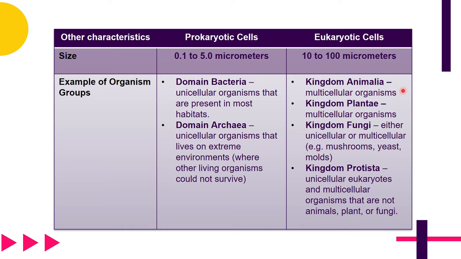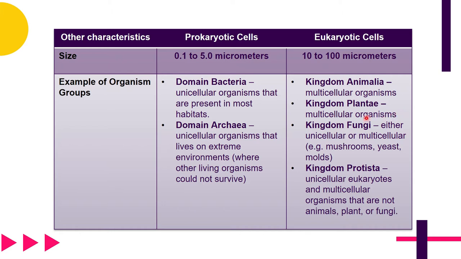We also have animals that you see around your house, maybe on the farm. And then we have organisms under the kingdom Plantae. These are multicellular organisms. From the word itself, Plantae, the plants we see around us are eukaryotes and they belong to kingdom Plantae.